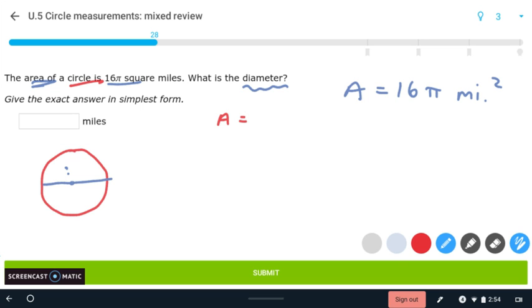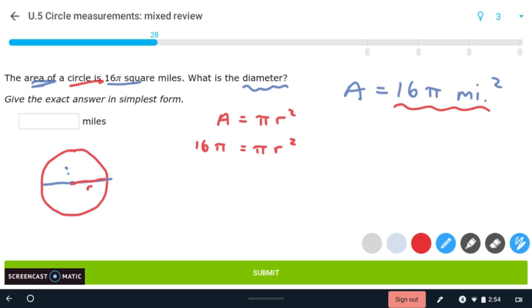So remember, the area of a circle is pi r squared, and this has the radius. So first step, we're going to calculate the radius and then use the radius to find the diameter. So if we know area equals pi r squared, and we know our area is 16 pi miles squared, we can say 16 pi equals pi r squared.